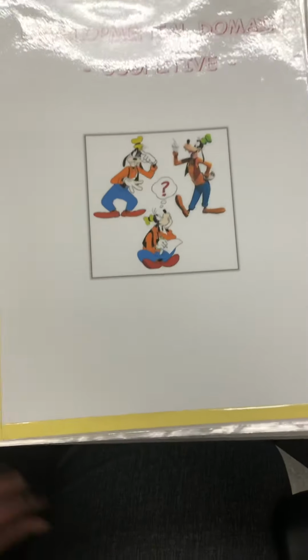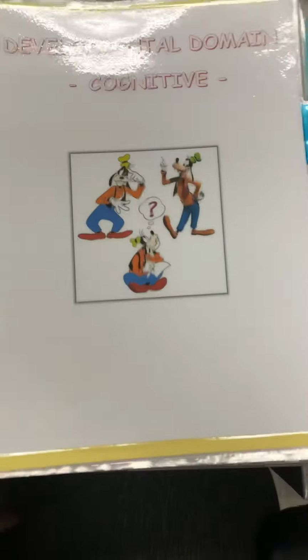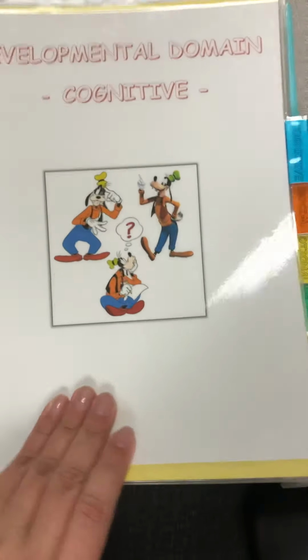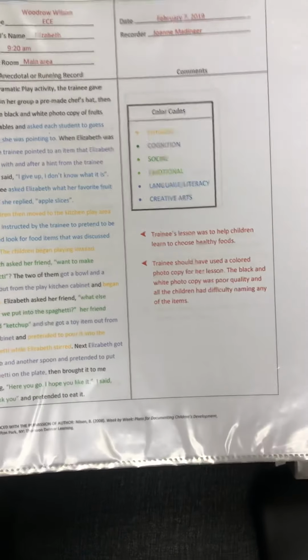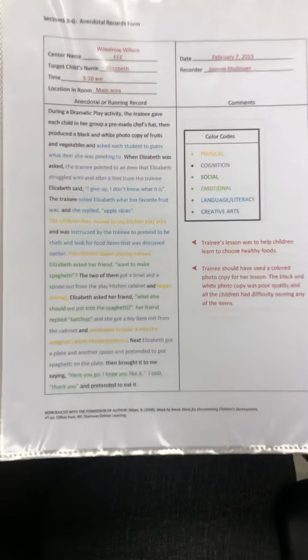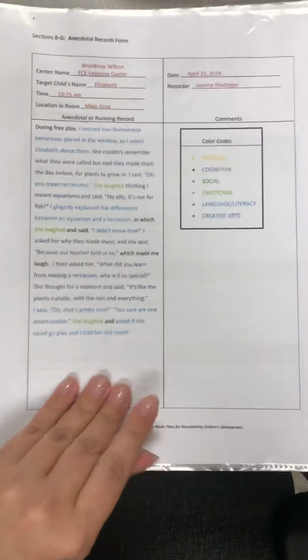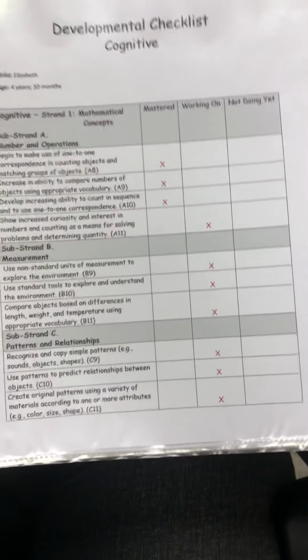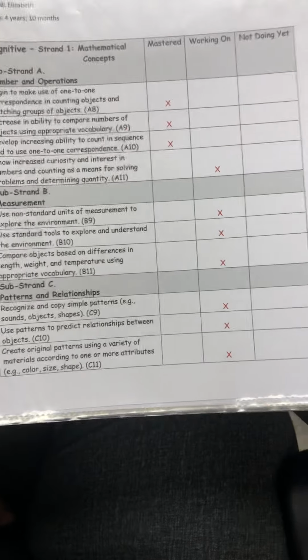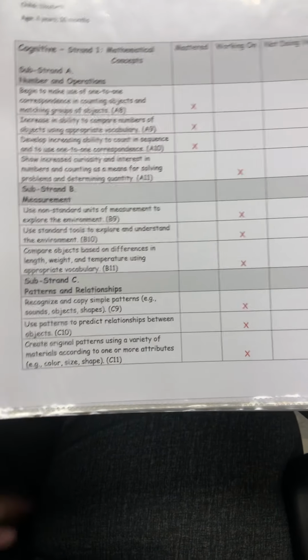And then the next section, section C, is cognitive. You'll see it's the same exact thing as before, but this has to do with the cognitive domain. There's 5 coded anecdotal records, 1, 2, 3, 4, 5. There is the developmental checklist that has all of the strands in here.